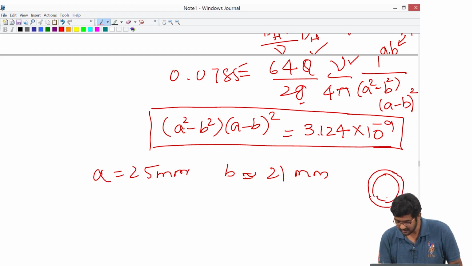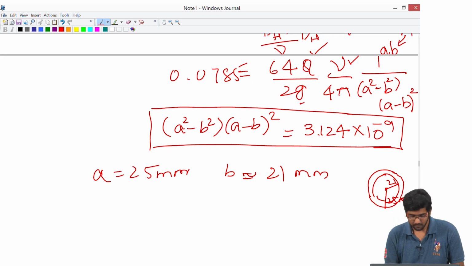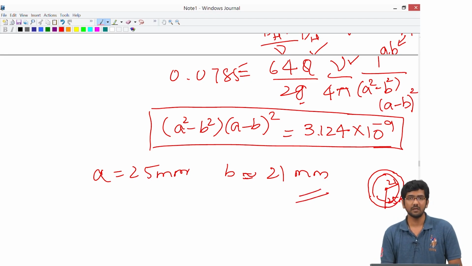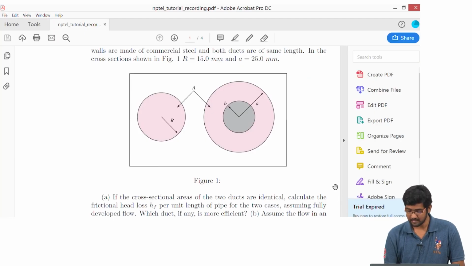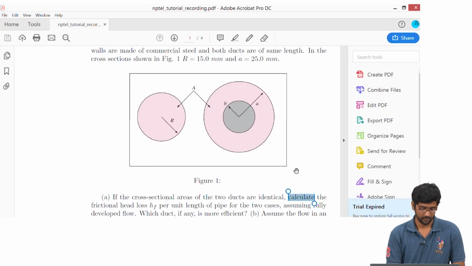You can just see this is 21 mm and this is 25 mm. So, this should be the annular parameter that one should use to get the head loss same as that of a circular pipe. So, that is about this question.